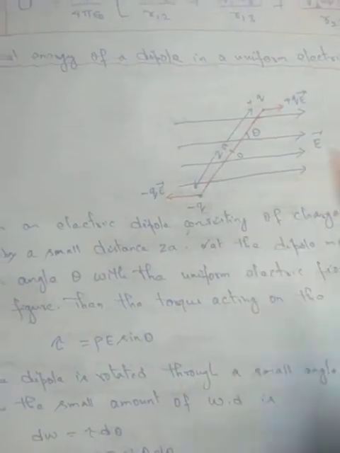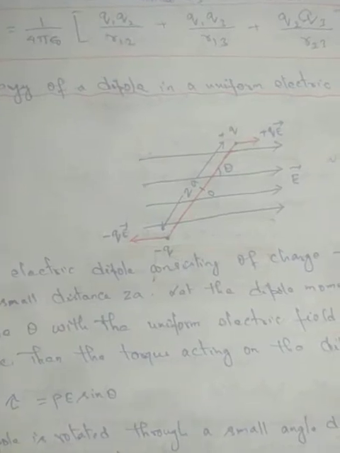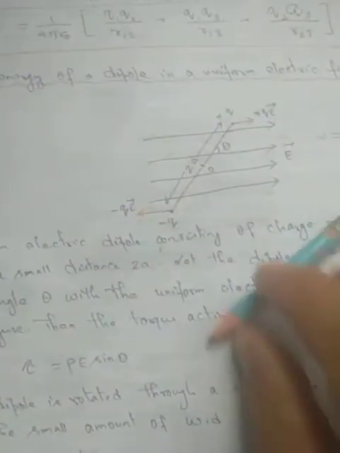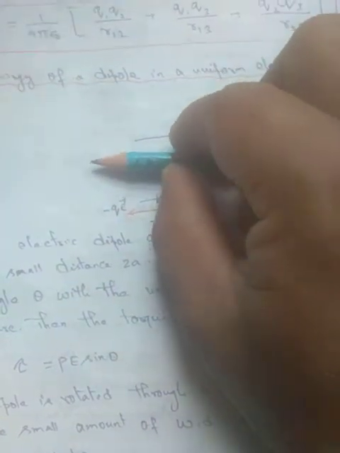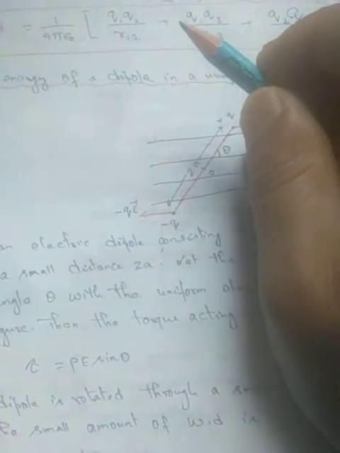Because the dipole is able to rotate, as it rotates it changes its position.